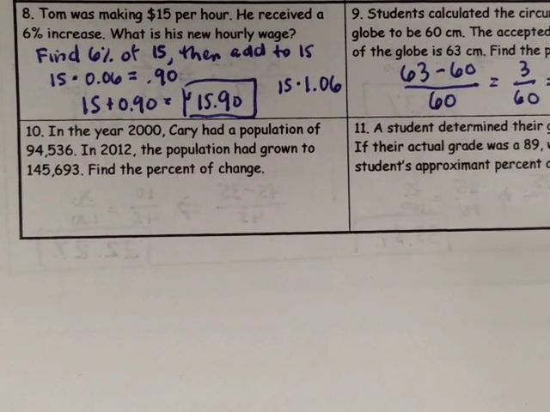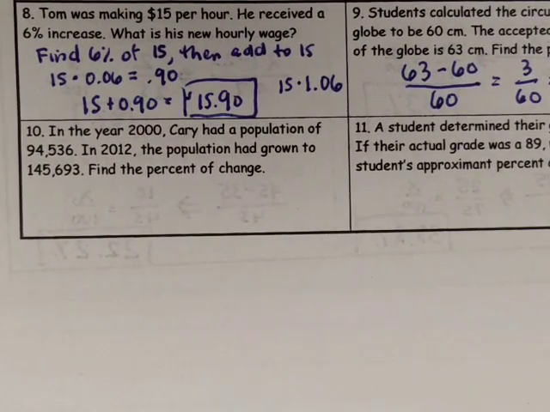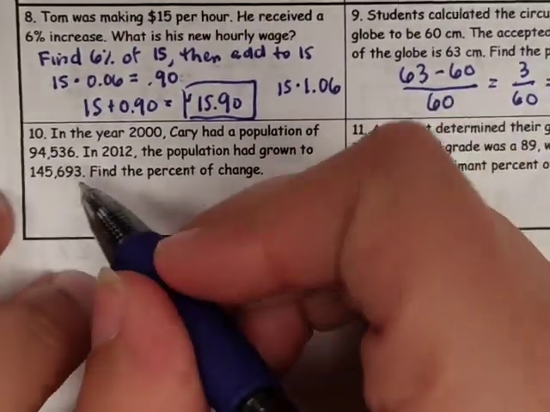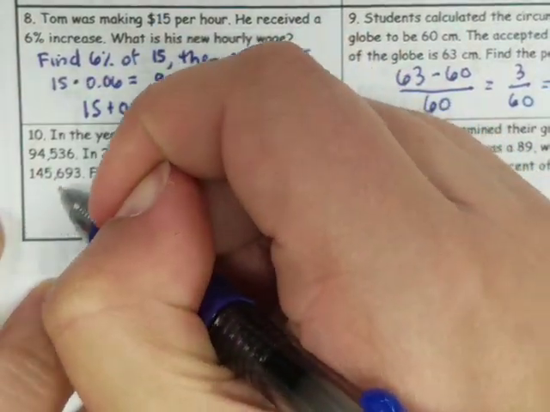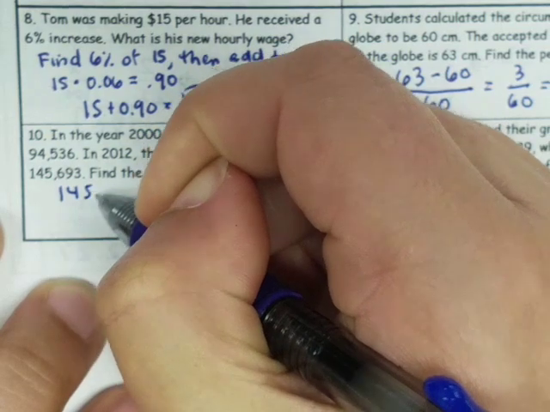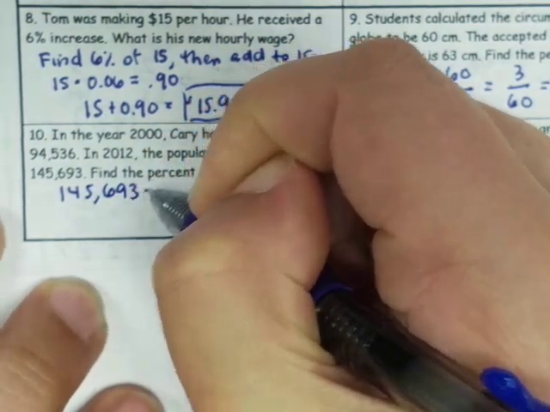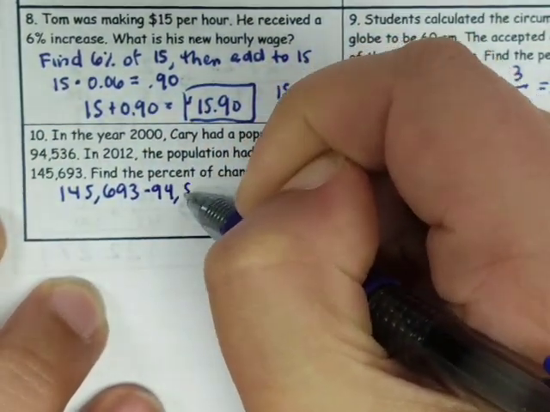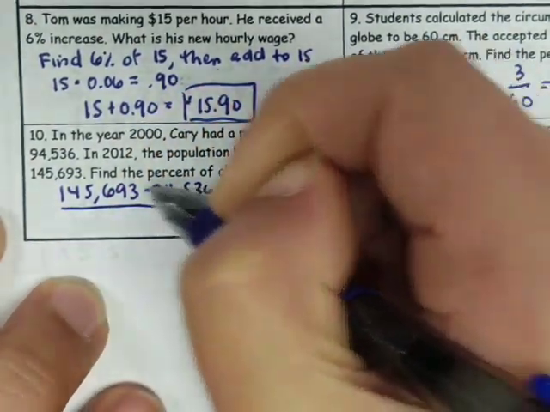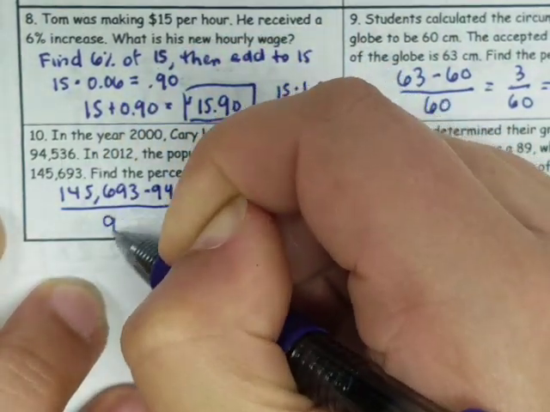All right, last two, and then you'll do the back on your own. In the year 2000, Cary had a population of 94,536 people. In 2012, the population had grown to 145,693 people. Find the percent of change. So we're going to subtract our two values, and we're going to put it over our original.